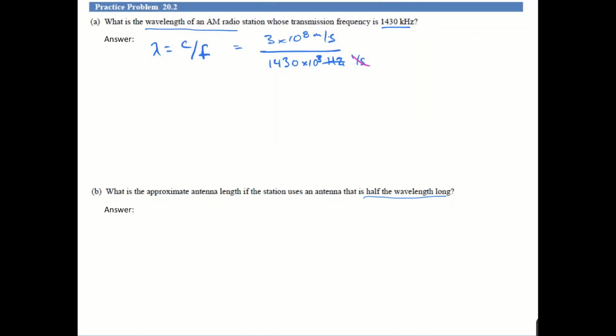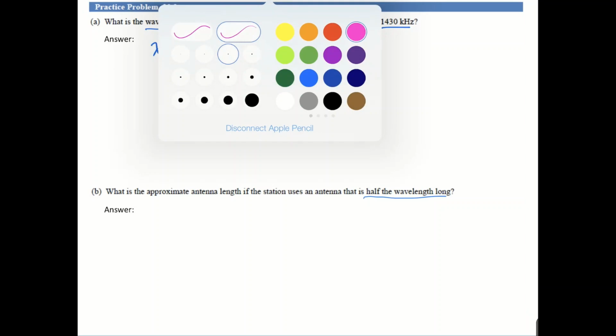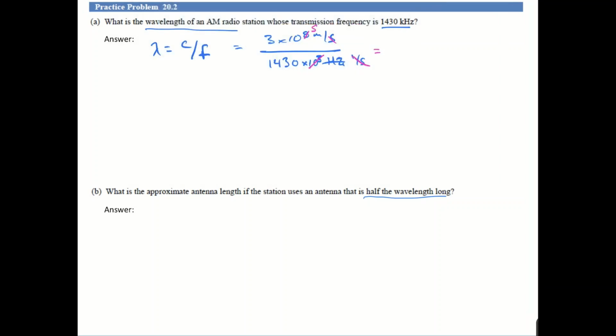Do some cancellation, and just end up pulling out the calculator anyway. That's going to give us a wavelength of 209.8 meters.